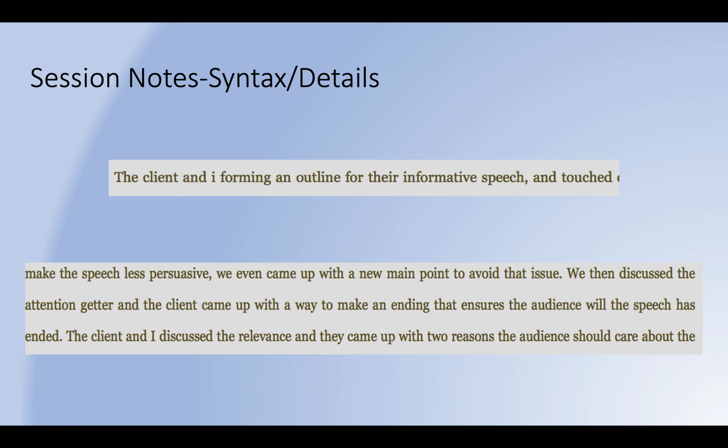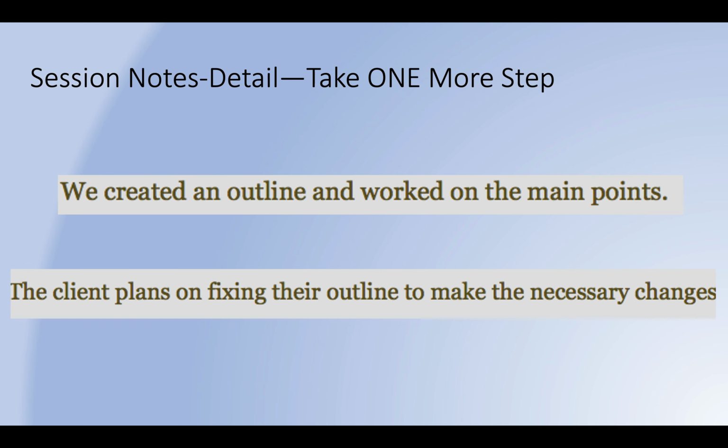But instead, you could come up with something like, the client came up with a way to make the ending clearer, and they plan to tell or complete a story so that the audience will see that the end has arrived, or something, right? So you're just being a little more precise, a little more detailed than what you see here.